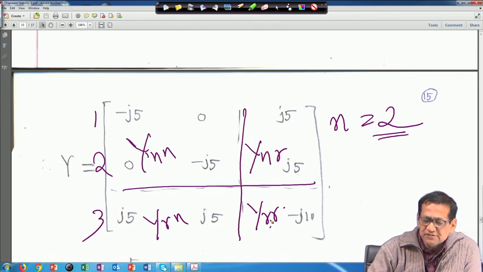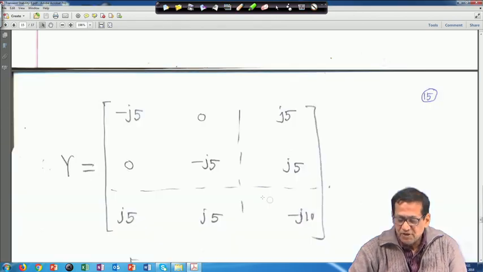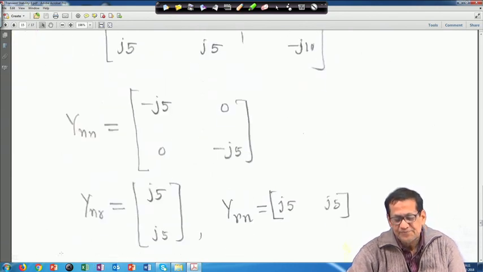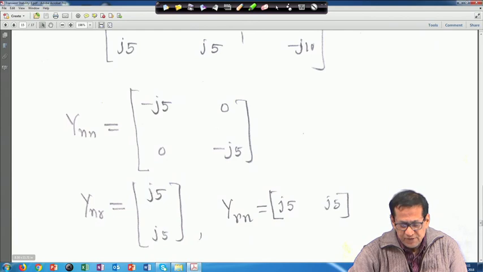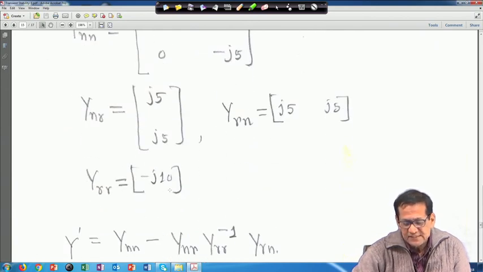Now you have to reduce it into a 2 into 2 matrix. So this is my YNN, this is YNR and this is YRN, and YRR is simply a single element.